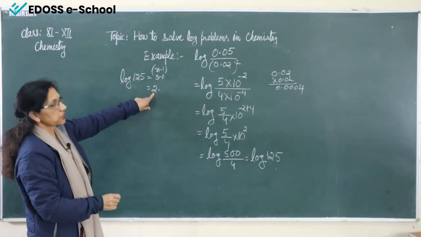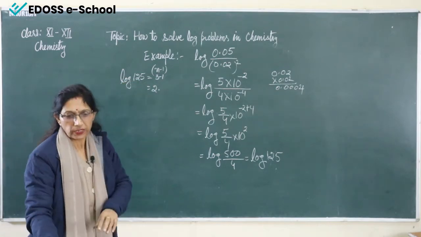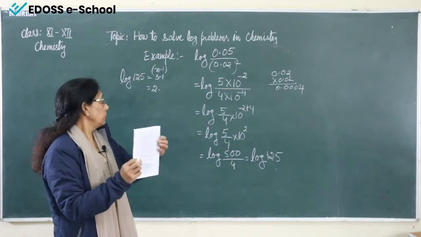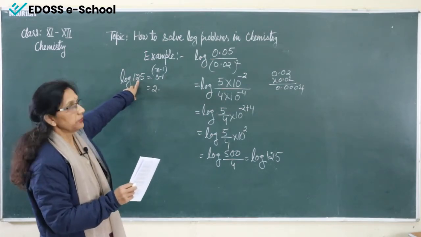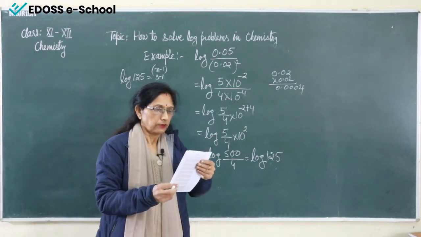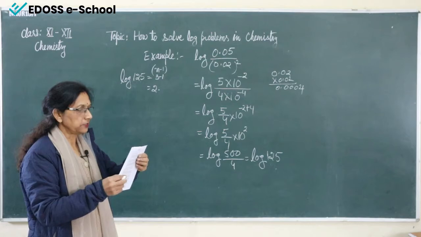So the characteristic is coming 2. Now we have to see the mantissa. So mantissa we will see with the help of this log table. So at 12 we have to see 5. So at 12, at 5 the value is 0969.